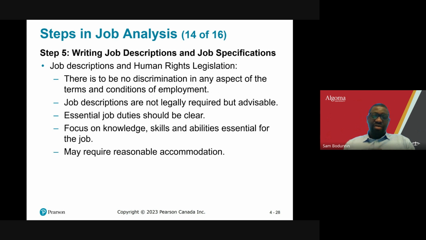It's not welcomed when you're writing your job description. You have to be very careful. You can't write things like, hey, if you're above so-and-so age or if you don't have Canadian experience, don't apply. Those words are discriminatory. So we must at all times pay attention when we're writing so that we don't violate human rights.